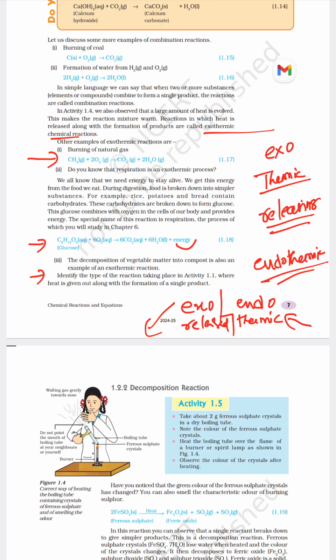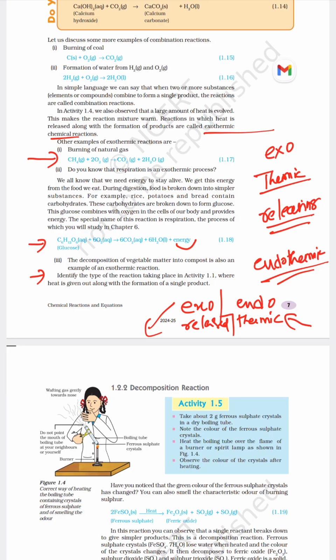So this glucose reacts with the oxygen present in the cells, and this reaction is nothing but the respiration process. In that process, carbon dioxide is released and comes out of our body, water is released, and even energy is released. Because of this respiration process only, we get the required amount of energy for our body, right?